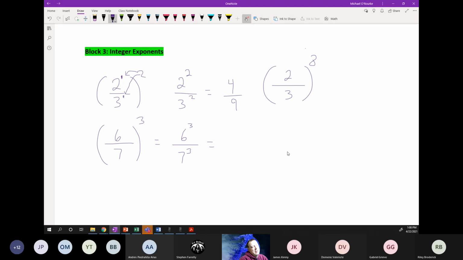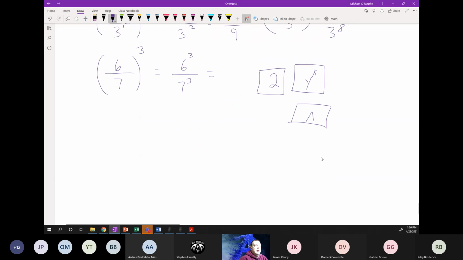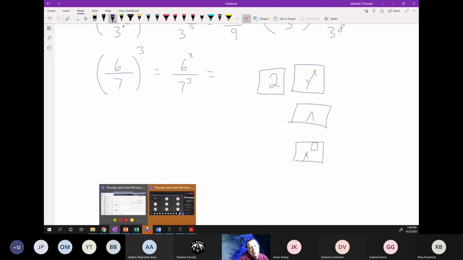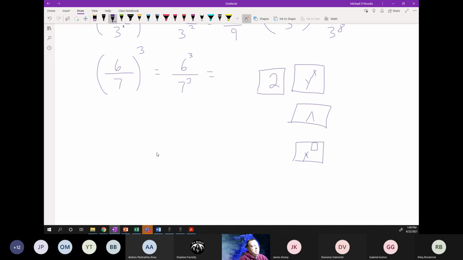If I want to go 2 to the power of 8, that'd be 2 to the 8 over 3 to the 8. On my calculator, I go 2 and there's going to be a button that looks like this, or maybe X with a box up here, or something along those lines. There's a whole bunch of different options depending on your calculator make.